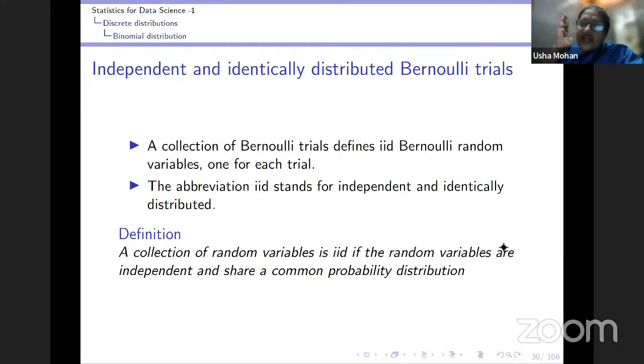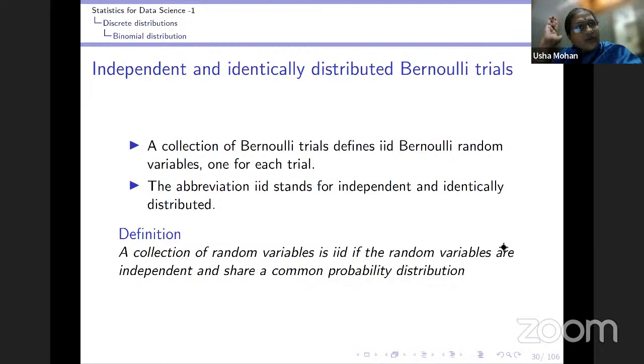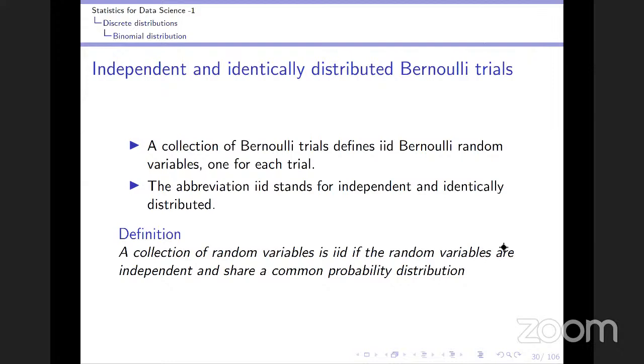What is the chance of getting a head in the first outcome? 1 by 2. Chance of getting a head in the second outcome? 1 by 2. Does the chance of you getting a head in the second outcome depend on whether you had a head or tail in the first outcome? No, so it is independent.